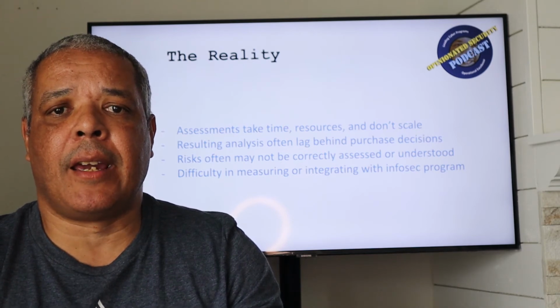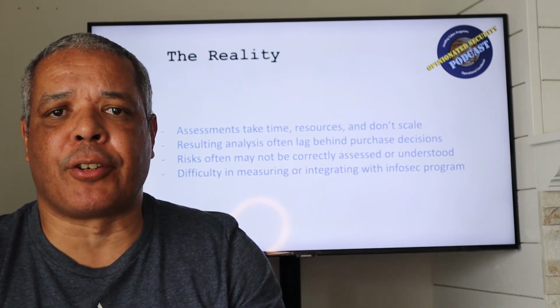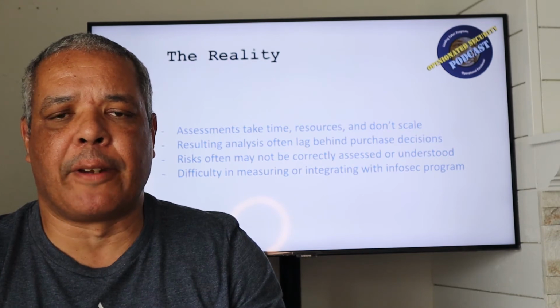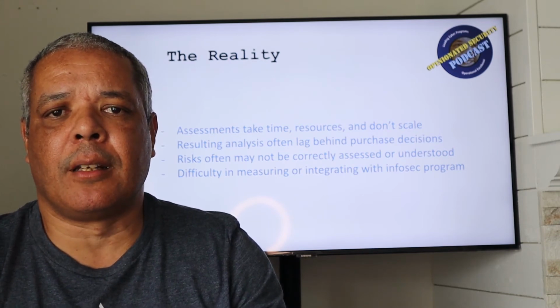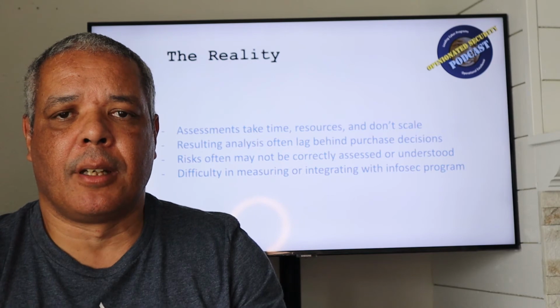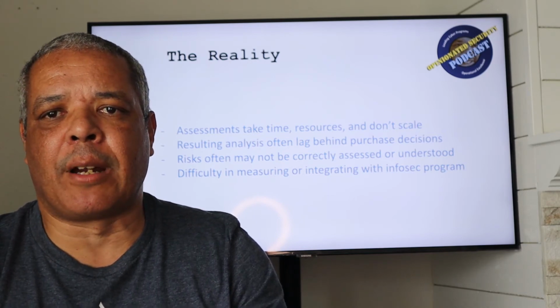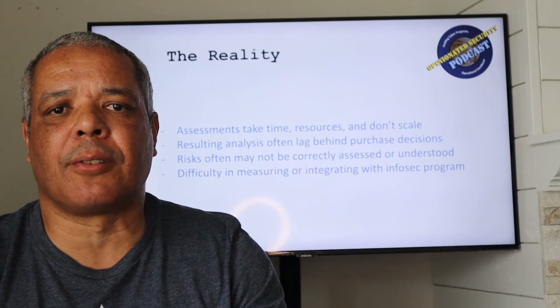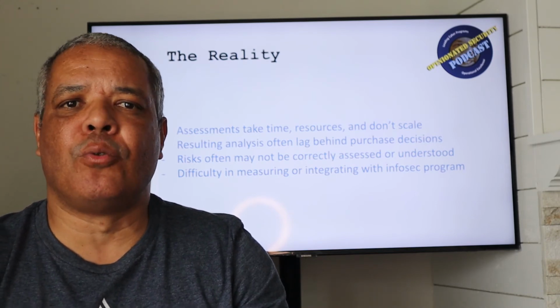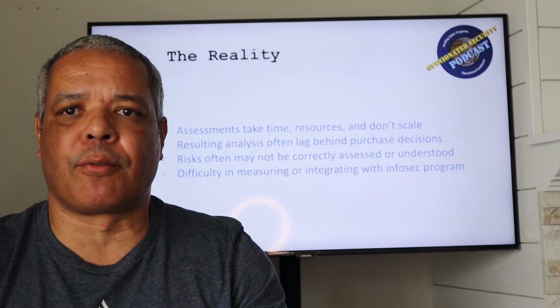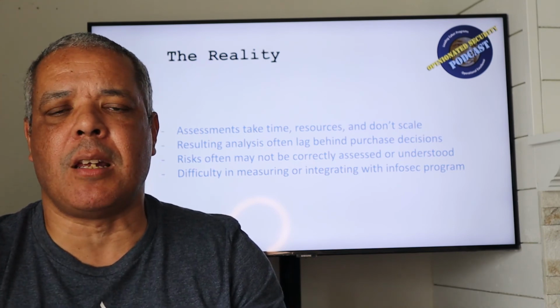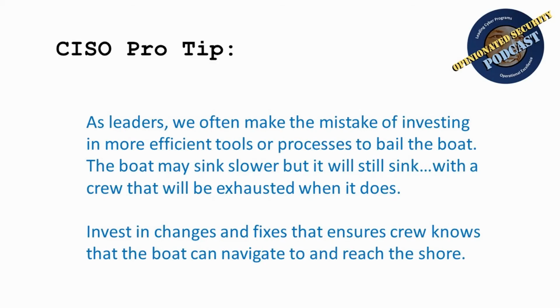At the end of the day, we have to be able to measure our output. There's very few things within our program's purview that aren't measured in some way or that we haven't wrapped success metrics around. So just doing risk assessment after risk assessment after risk assessment is, to me, metaphorically somewhat like bailing a boat.